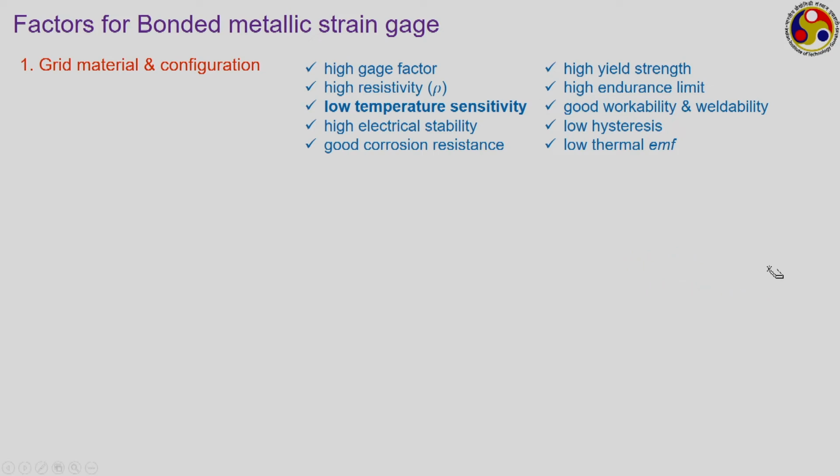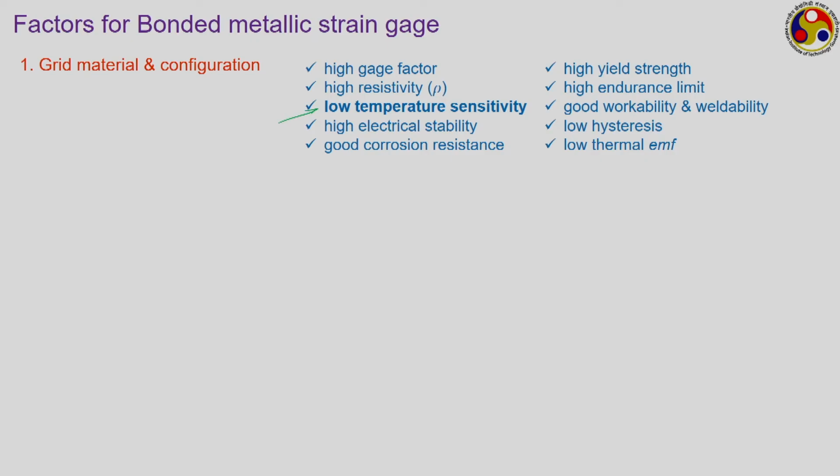But in general we want the resistivity to be high, we want high electrical stability and good mechanical properties, and low hysteresis. In any kind of device we generally do not want hysteresis, because hysteresis will induce some error, but something of particular interest is low temperature sensitivity.